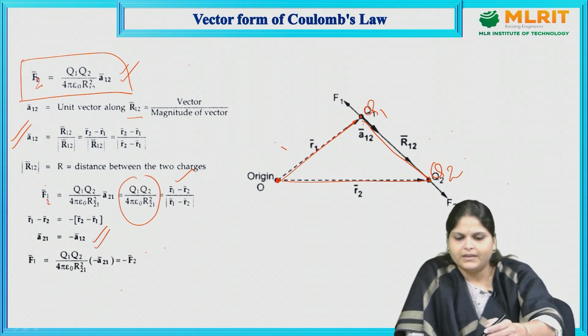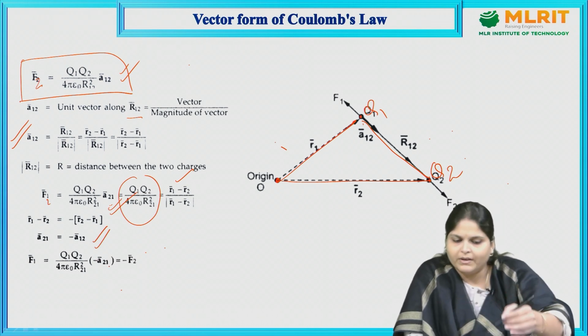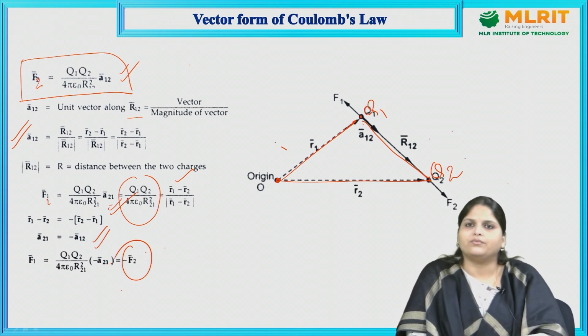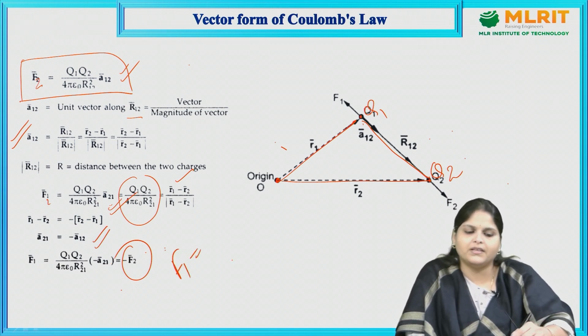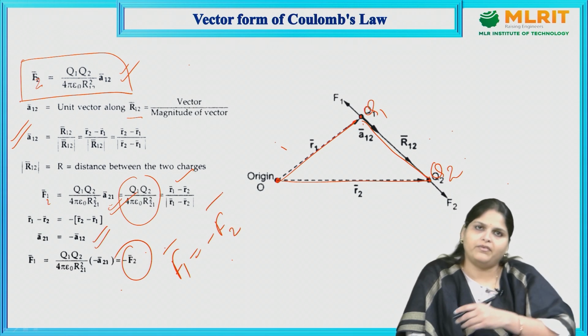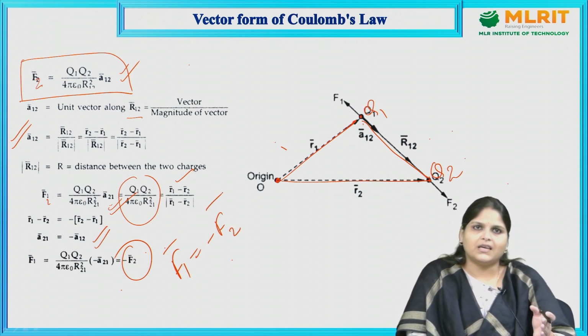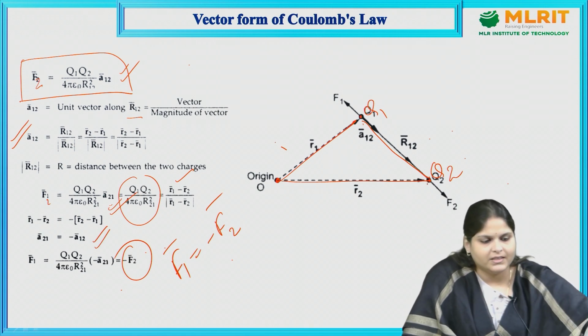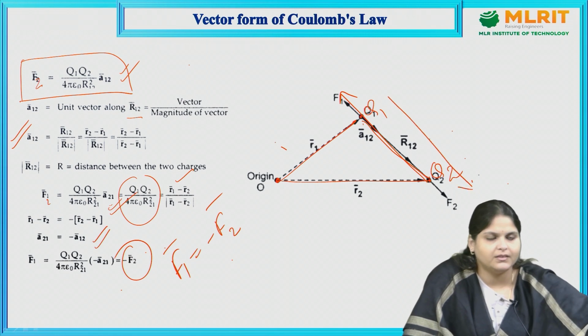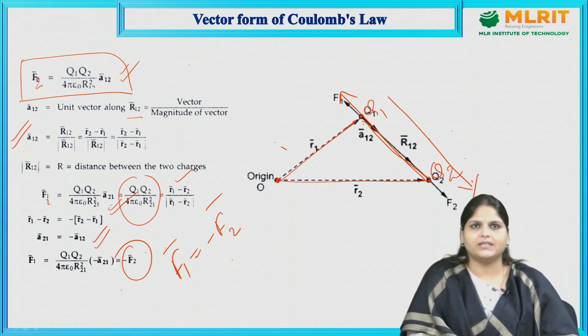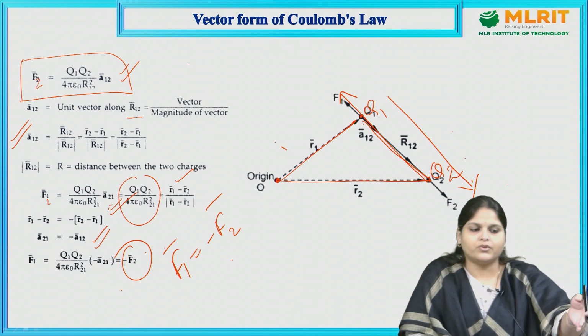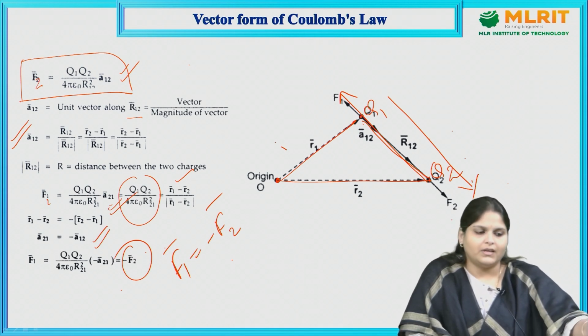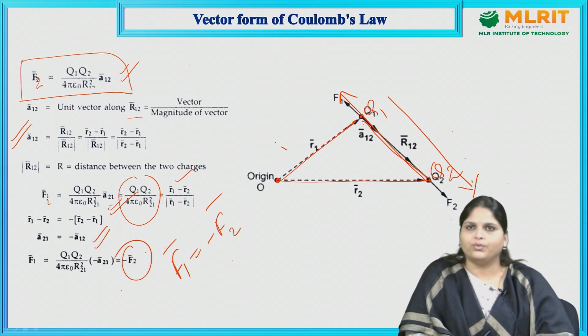So in place of a21, I can write minus a12. So it will become minus F2. So basically what we understood from here is F1 is equal to minus of F2. Magnitude is same, the only difference is the direction is changing. One is in this direction, another one is in this direction, but the magnitude is same. For example, F1 is force on q1 due to q2, F2 is force on q2 due to q1, right?